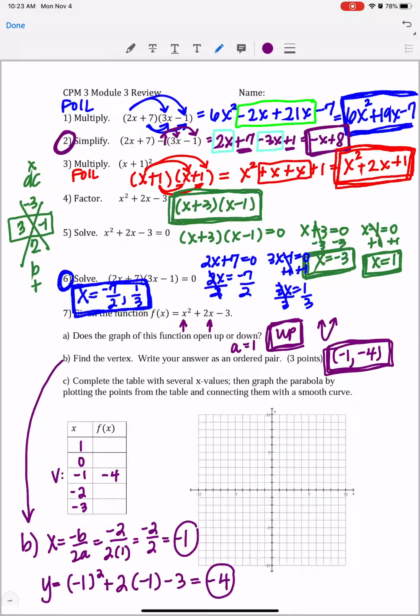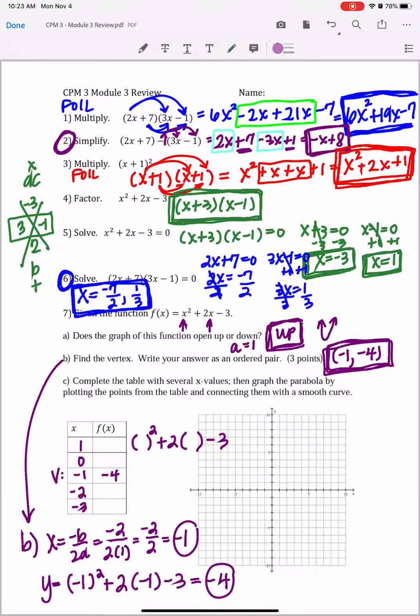I don't know how I want to do this. You're going to do whatever your x is squared, that's for this x here, plus 2 times whatever your x is again, minus 3. So you're doing 1 squared plus 2 times 1 minus 3.